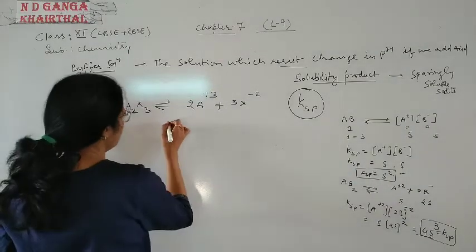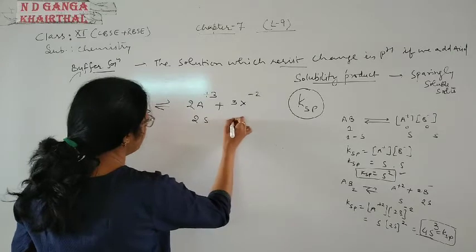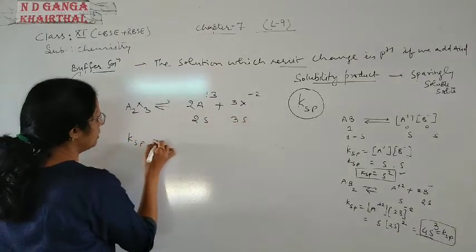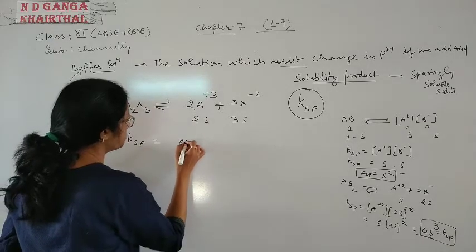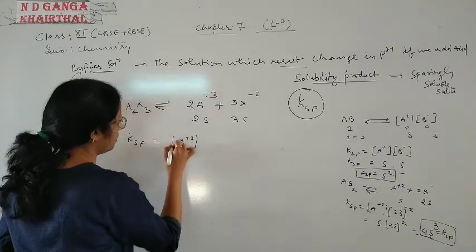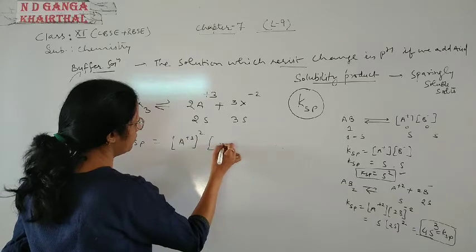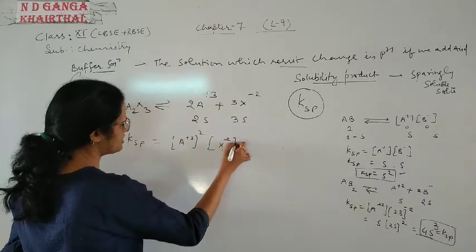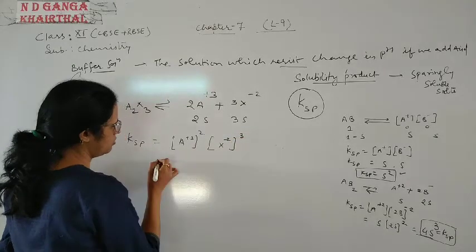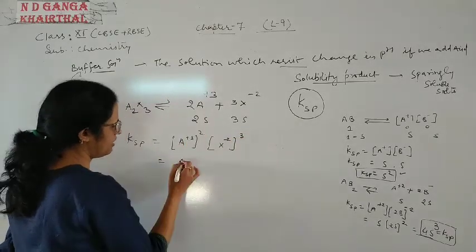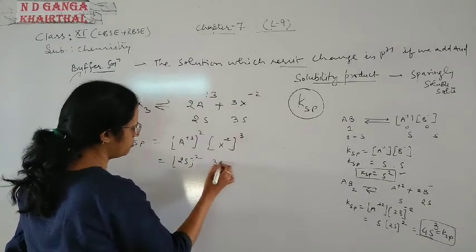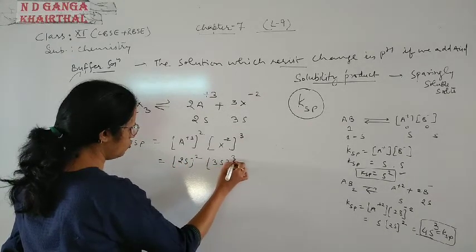If solubility is 2s and 3s, then what will be Ksp? Ksp will be A cubed and X minus 2 cubed. What is the solubility of A? It is 2s, and it is 3s cubed.